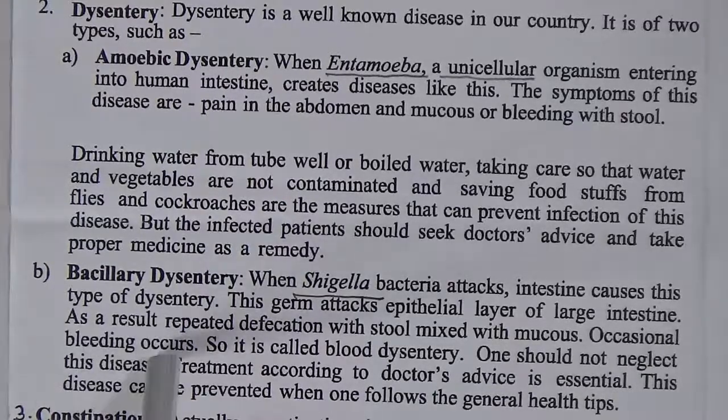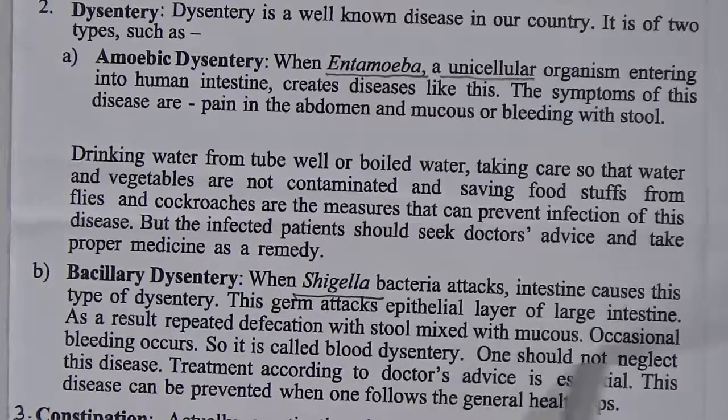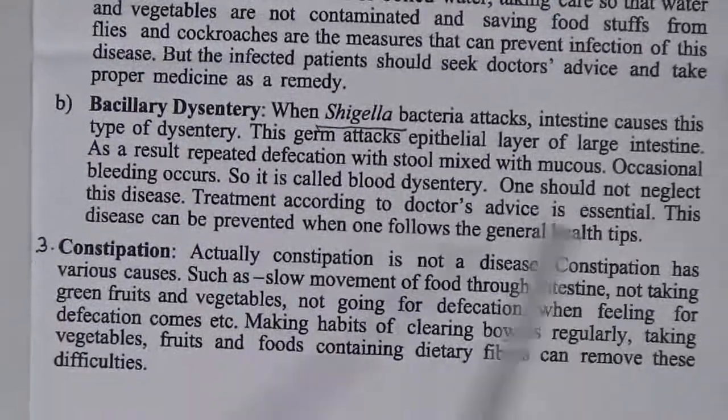Occasional bleeding occurs, so it is called blood dysentery. One should not neglect this disease. Treatment according to a doctor's advice is essential. This disease can be prevented when one follows the general health tips.